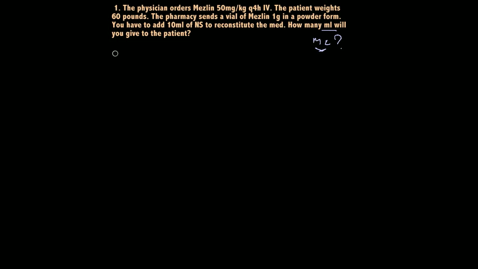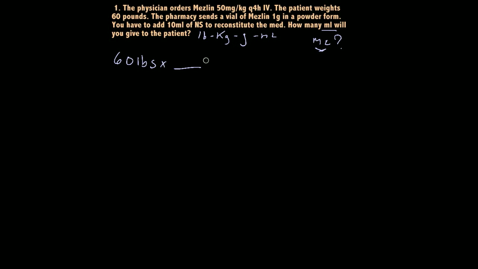I'm going to start with 60 pounds, and I'm going to convert that to kilograms. So I'm going to go from pounds to kilograms, and then from kilograms I'll take the milligrams to the grams, and then from there I'll go to milliliters.